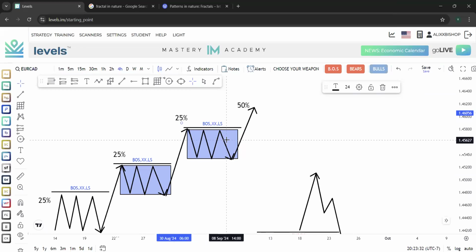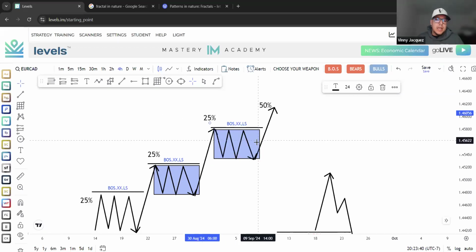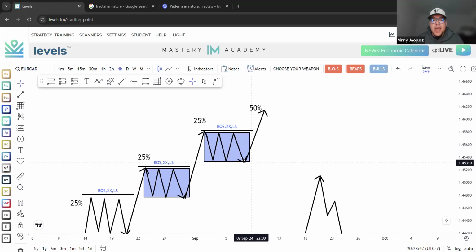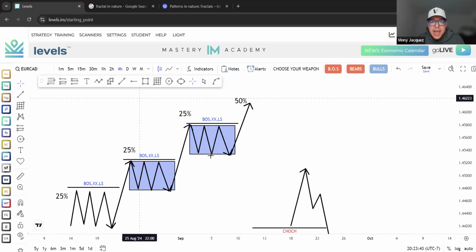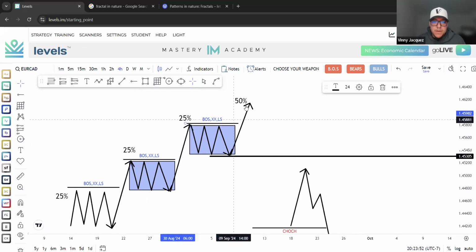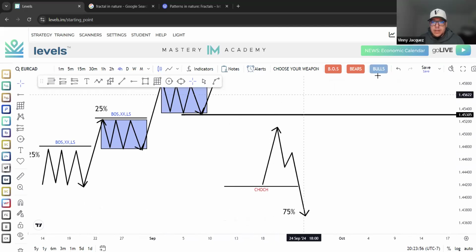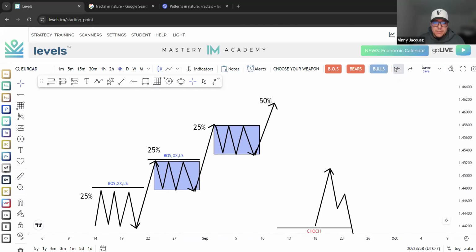And if you don't, tell me I don't understand, and that's okay. Because what I'm trying to have you understand is we do not have a head and shoulder until we break and close below. Till then, all we have is 25 and 50, until we get this 75%.